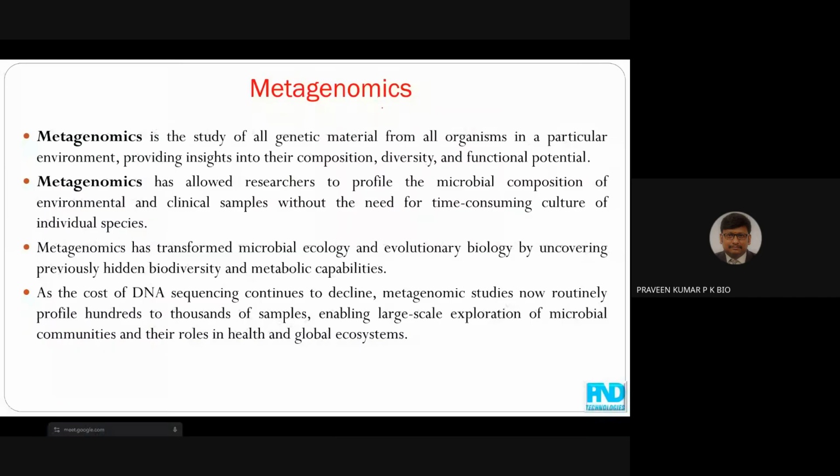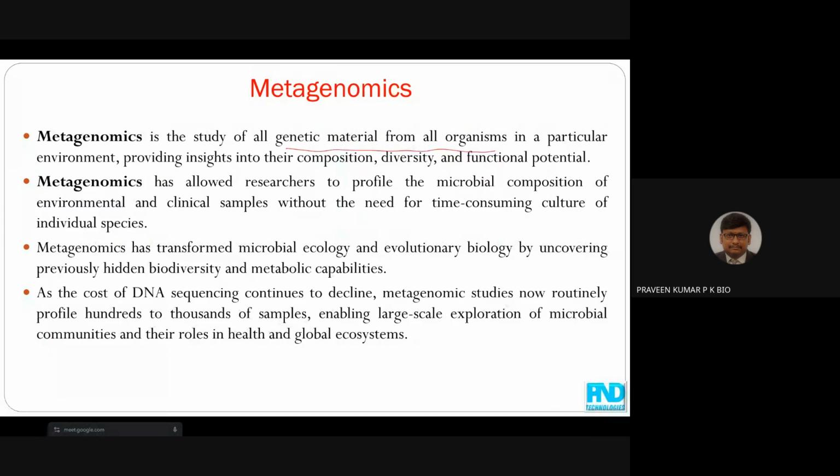Metagenomic study. What is metagenomics? Metagenomics is the study of all genetic material from all organisms in a particular environment. If we take our gut, we have so many bacteria living, and these bacteria are responsible for the development of new diseases also.